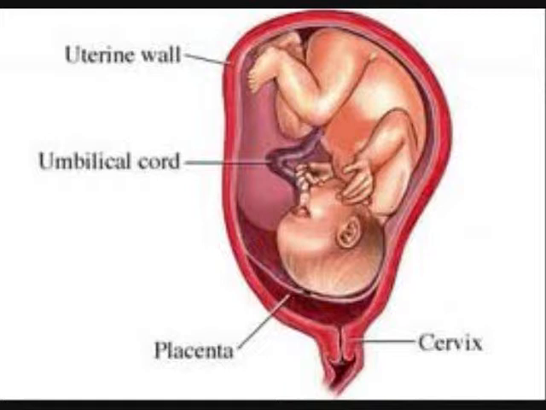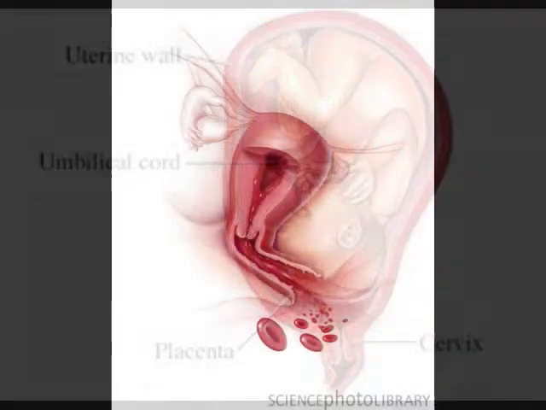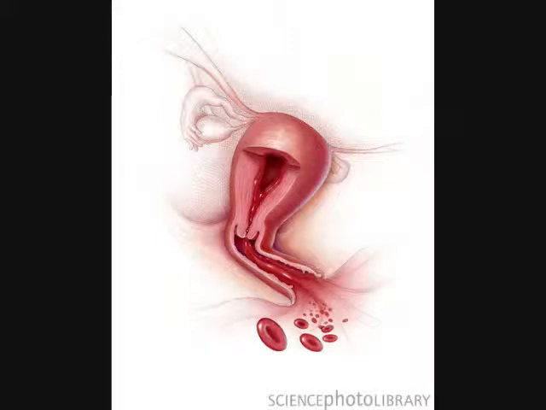The uterus's role is to allow implantation of the fertilized ovum, to host the fetus during development, and to expel the fetus during childbirth. When fertilization does not occur, this is when we have our menstruation.